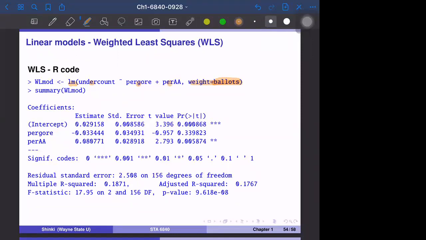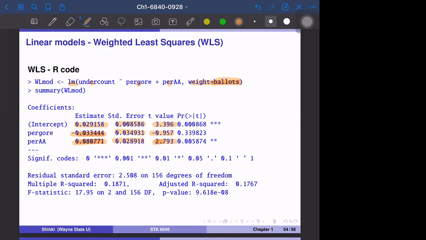The result is here: the estimated coefficients, intercept and coefficients for percentage for Gore and percentage of African Americans, the standard errors, and the t-values. You can remember that last time the estimation was really vague. Percentage for Gore had a very small t-value, and the percentage of African American had a t-value of 0.9.